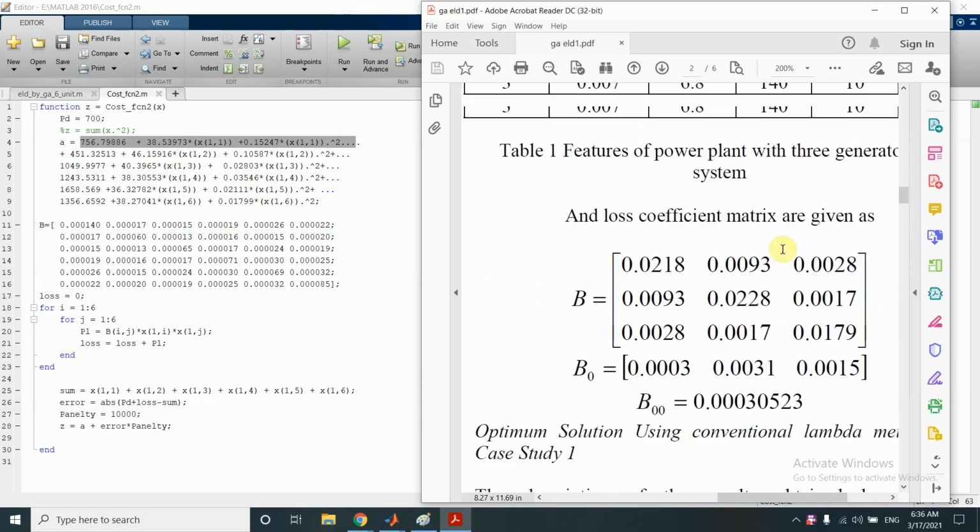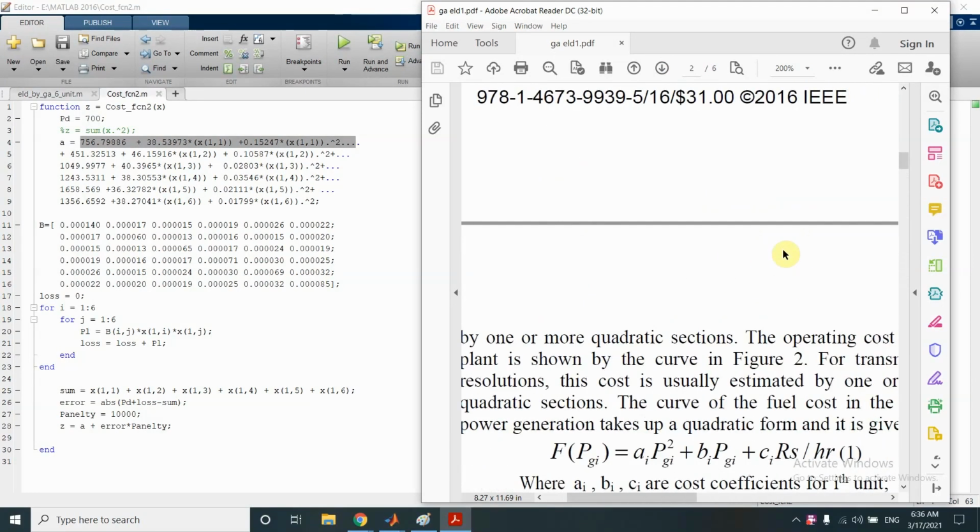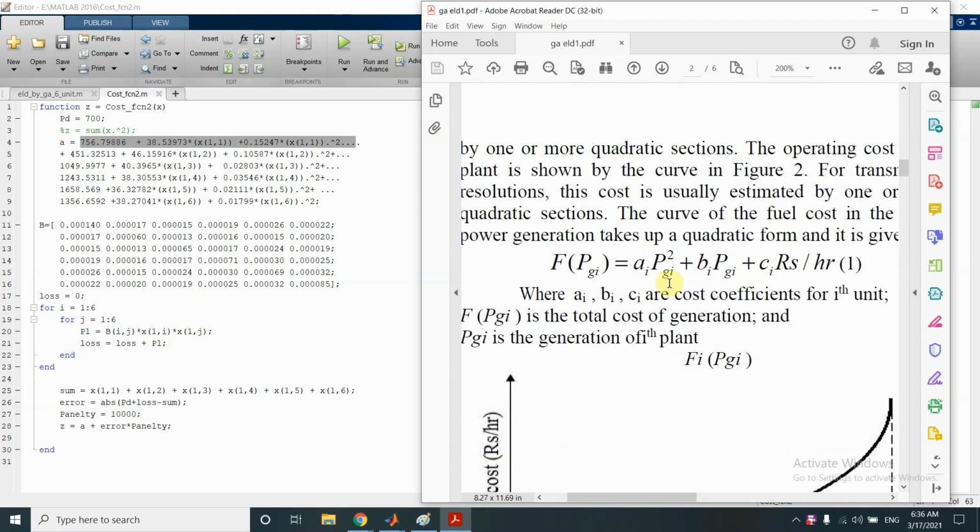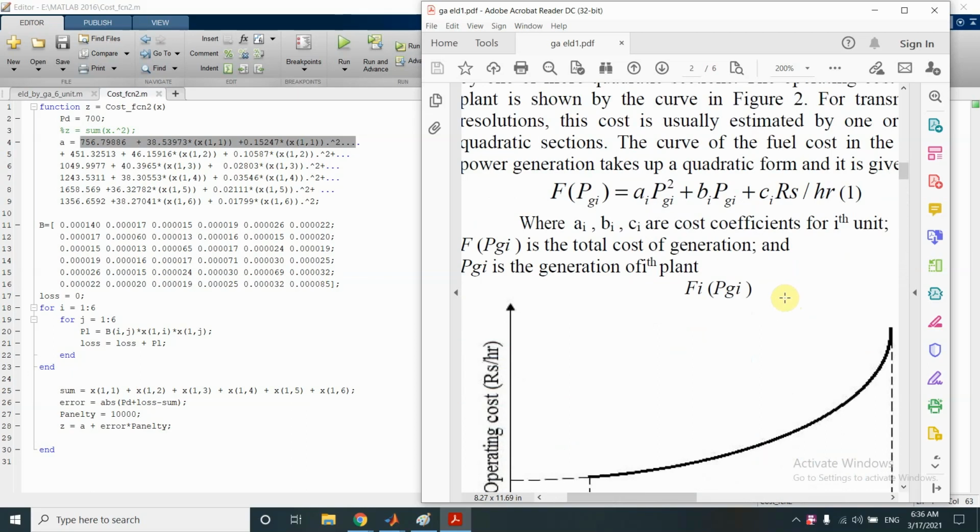The formula for calculating the cost is this: ai times pgi squared plus bi times pgi plus ci, where ai, bi and ci are the cost coefficients given in the paper, and pgi is actually the generation of the ith unit that we are passing as the row vector in this cost function, the generation of all the 6 units.